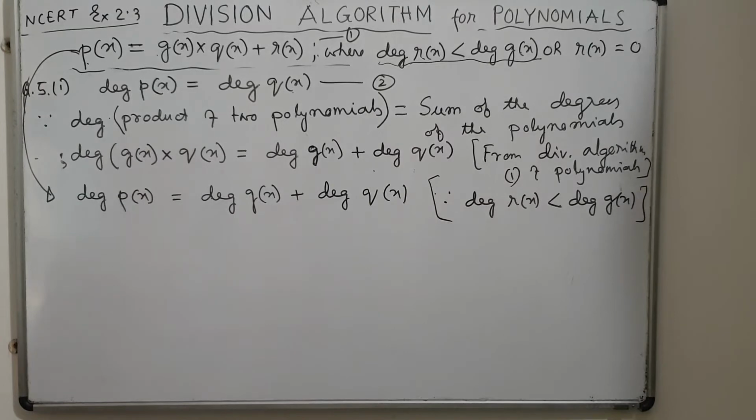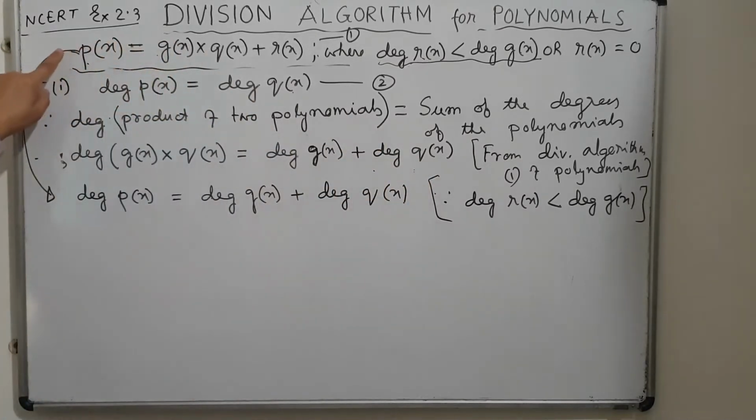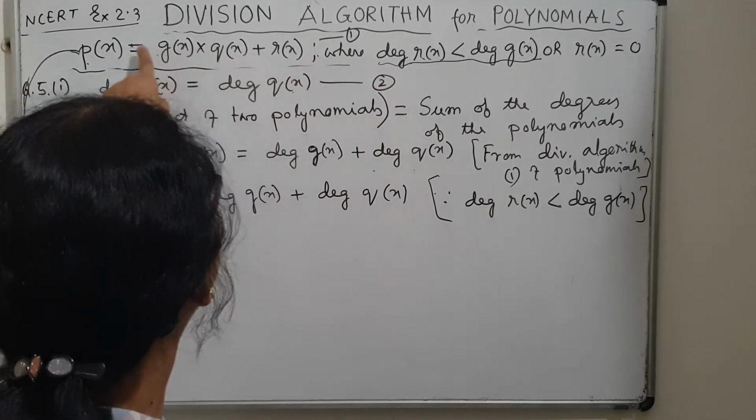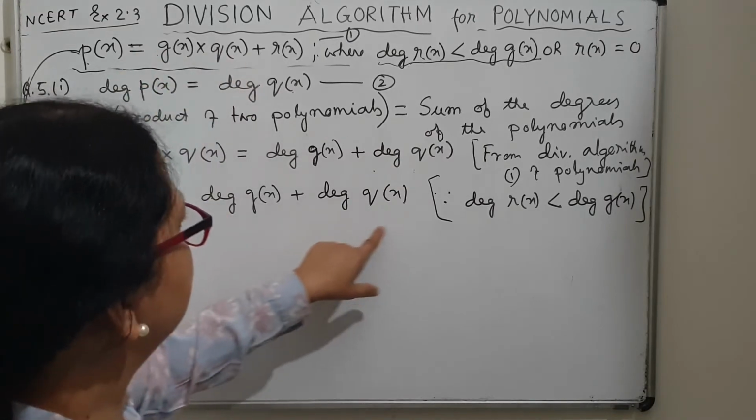Is the thing clear? First I observe these things. Then I have come from the division algorithm of polynomial. From this I can write that the degree of the left-hand side is the same as the degree of the right-hand side. And what is the degree of the right-hand side? It is the degree of this.